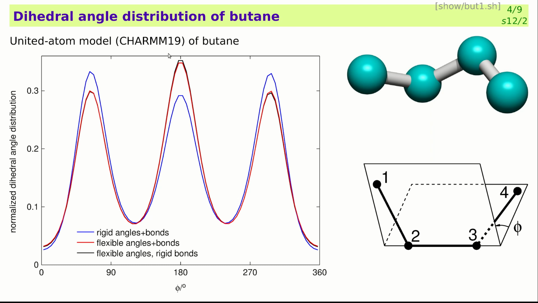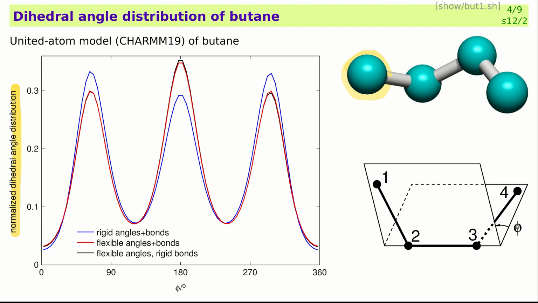The united atom model means that group CH3 is modeled by one Lennard-Jones sphere, and then there are different energy terms in between here. And I ran several simulations with different flavors of this model, and I draw the dihedral angle distribution.